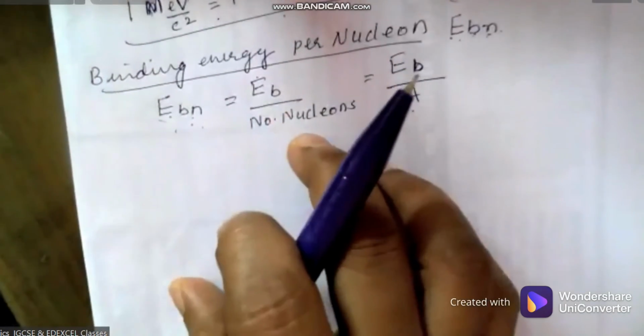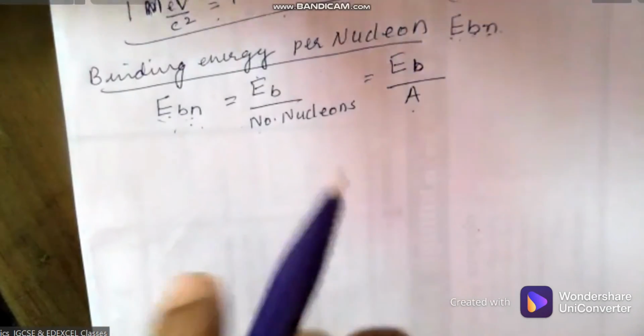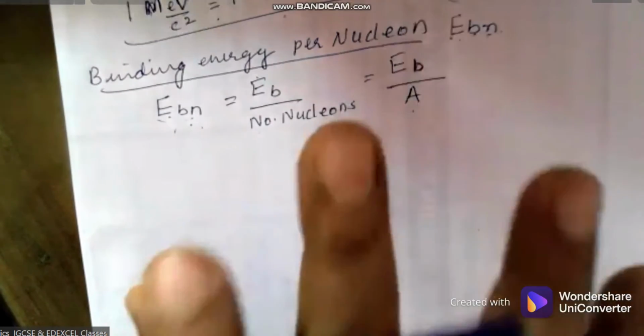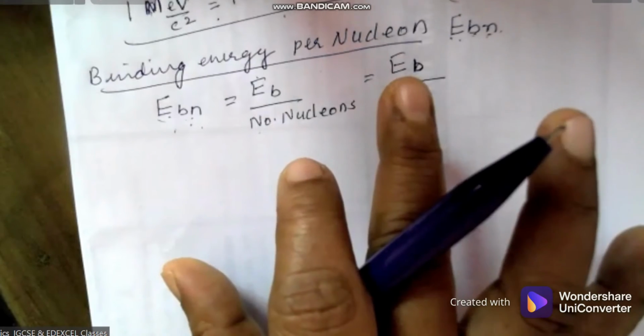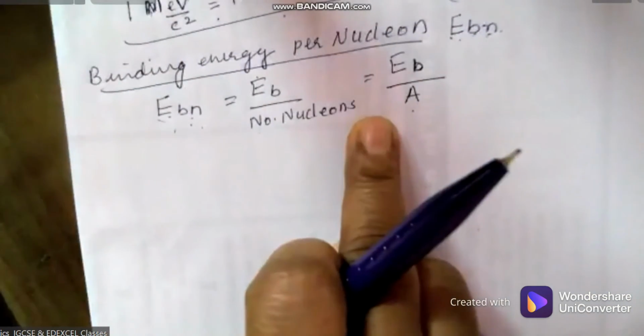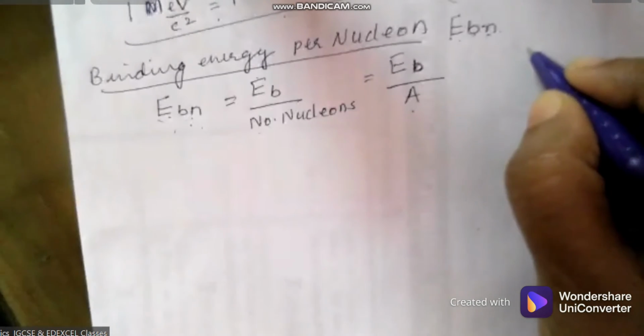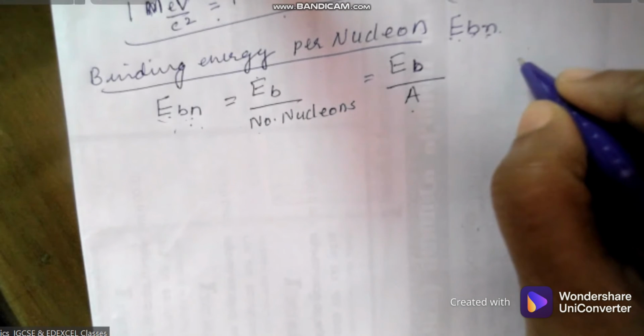This is very, very important. Binding energy per nucleon is a very important concept because it tells you what is actually binding energy. Assume that oxygen has 16 nucleons, the sum of protons and neutrons.